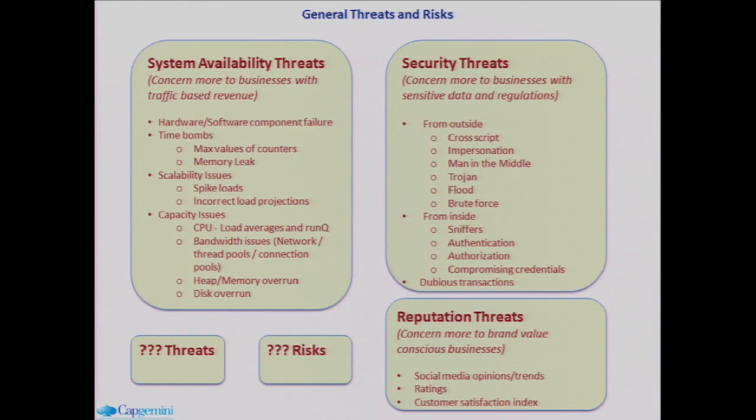Security threats apply more to businesses with compliance and sensitive data. We have enterprises and organizations that are very, some of them are very brand value conscious, and for them, the reputation threats are important. So especially the social media, there is a lot that is out there that can work against you if you don't know what's going on and what's the perception of your business outside.